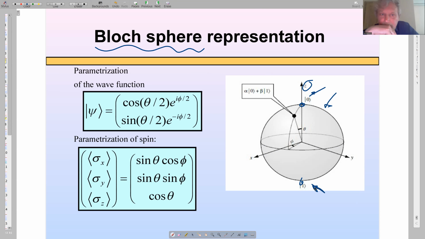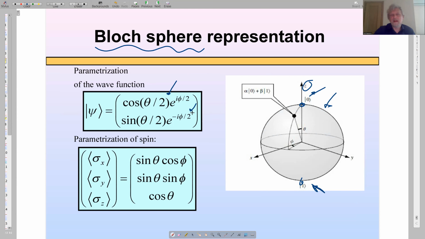How about the rest? Let's now recall that the wave function is a superposition of these two states. And let us have a vector of coefficients of the superposition.